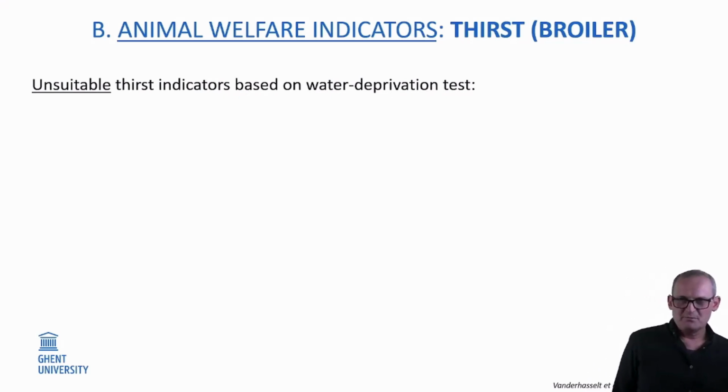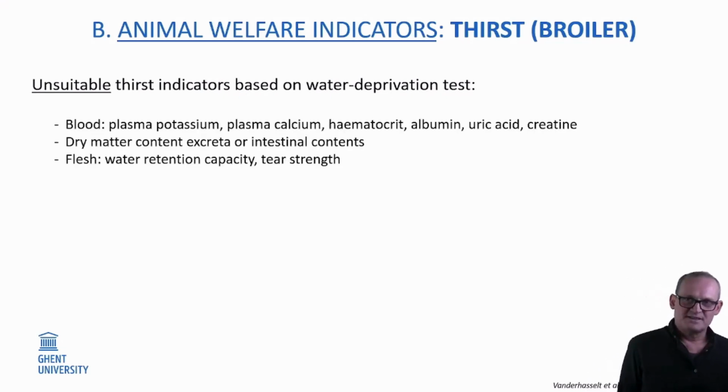But of course, the problem with many of these indicators is that they're quite difficult to use, especially during monitoring. It's not convenient to collect blood samples. And you could think, could there be easier ways of getting that information that don't require blood sampling?